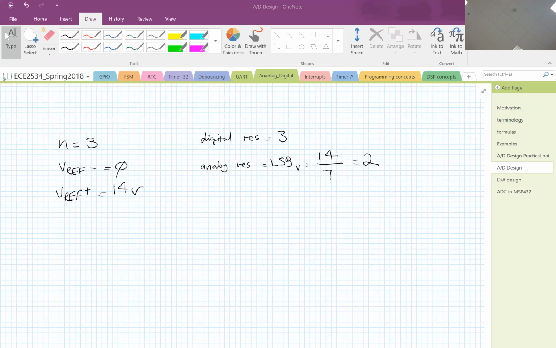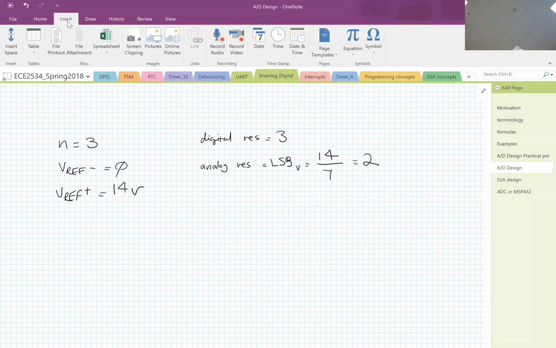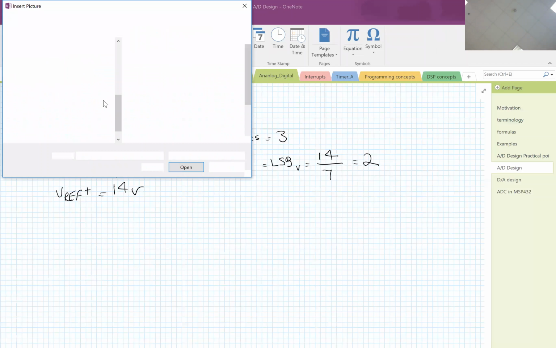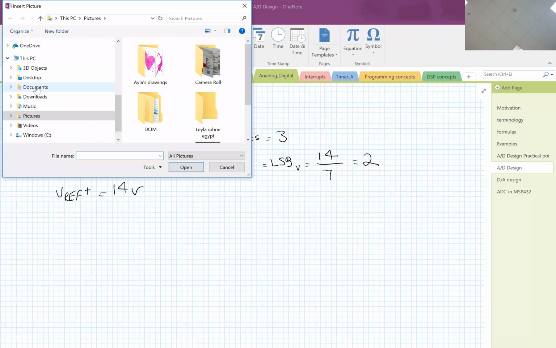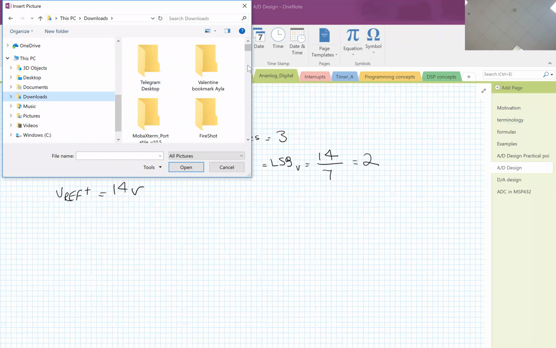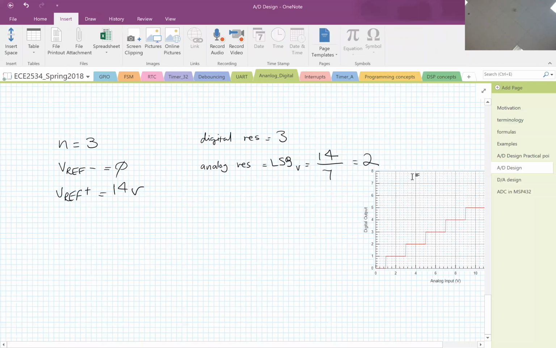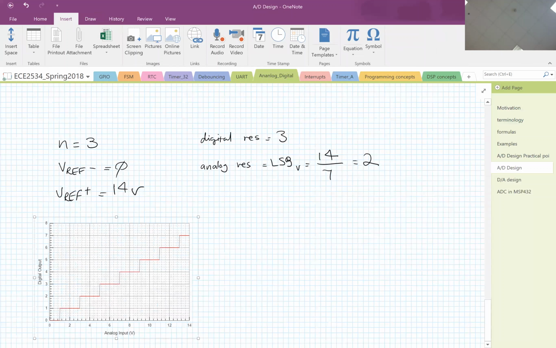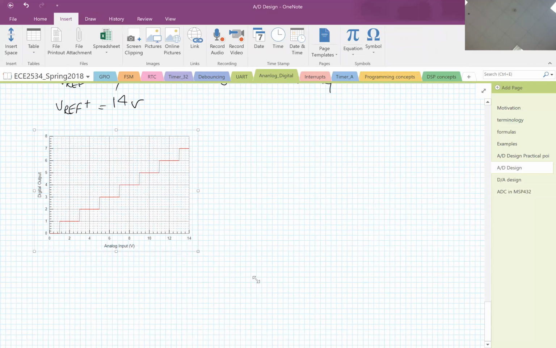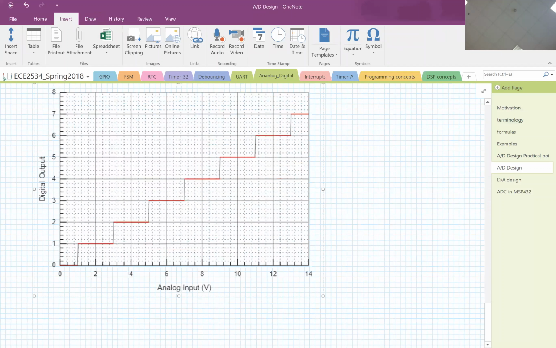I guess I have to download it. Insert. So this shows the example we just created.